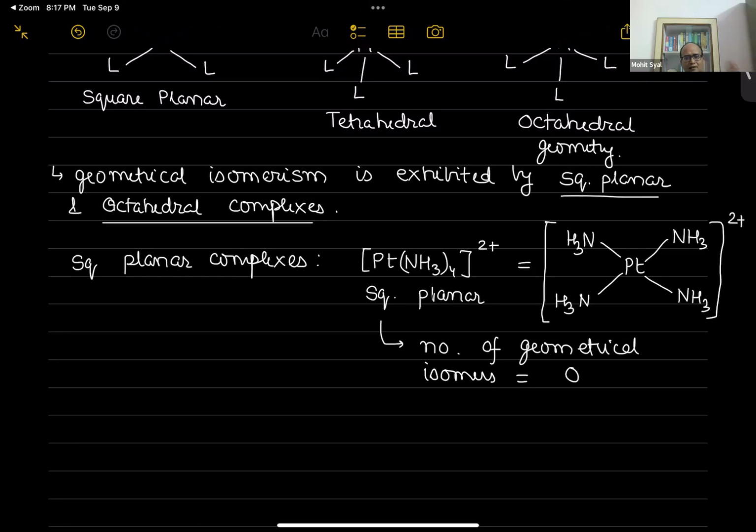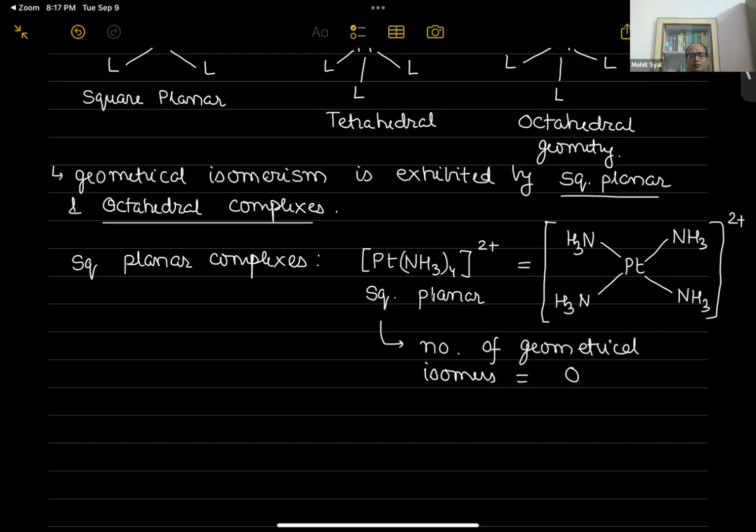Zero. It cannot have cis or trans. Is it clear, Aisha? So you need to have a heteroleptic complex to exhibit geometrical isomerism.